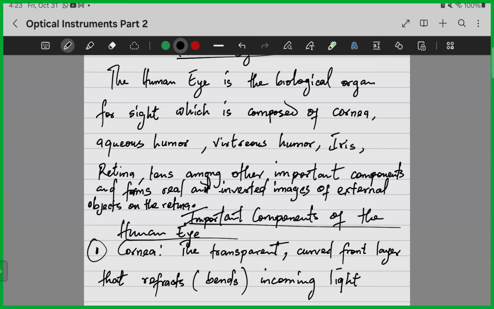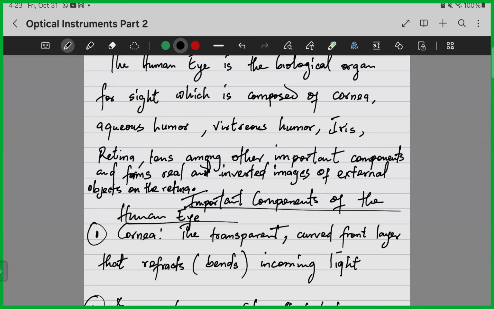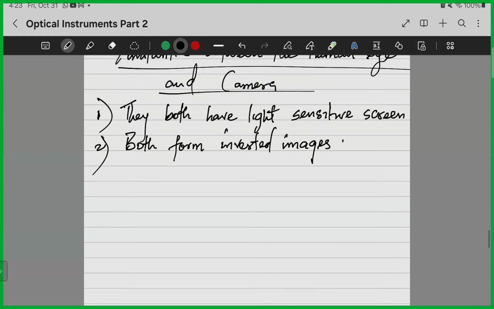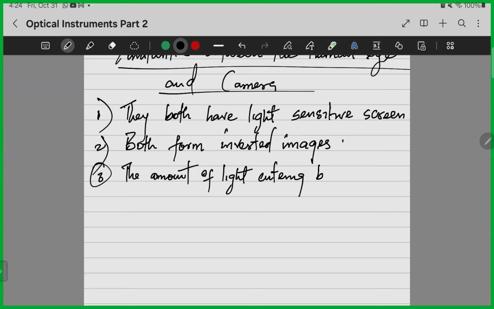And then I shall now proceed. Both form inverted images. The third one is that the amount of light entering both can be adjusted. That's the role of the iris, or what we call the diaphragm. Take note of that.